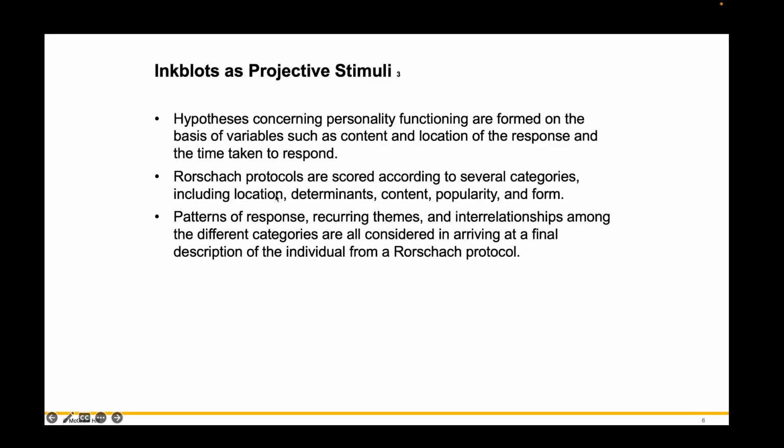So, unang-una yung location. So, let's say this whole page of the deck, or the PowerPoint, is the inkblot card. So, location, let's say this is the inkblot, itong mga letters na to. So, tatanungin mo siya, saan mo nakita yung, kunwari, nakita niya dito ay aswang. Tatanungin mo sa kanya, saan mo nakita yung aswang?